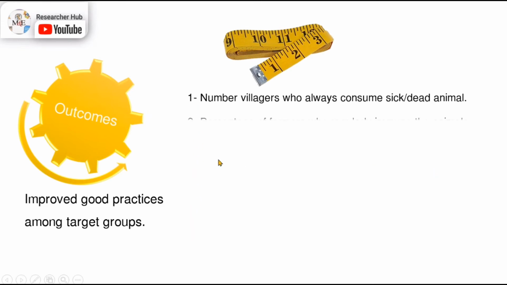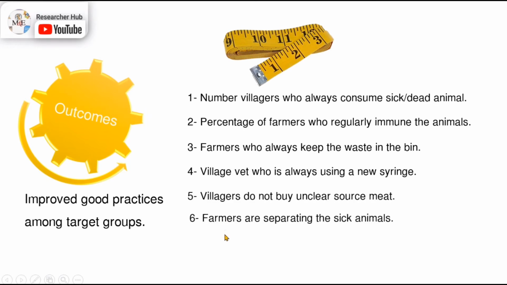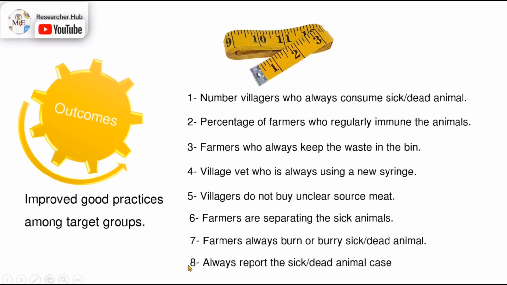Number of villagers who always consume sick or dead animals. Percentage of farmers who regularly immunize the animals. So number 3, this indicator, number 4, 5, 6, 7, 8. So there are 8 indicators drafted here.